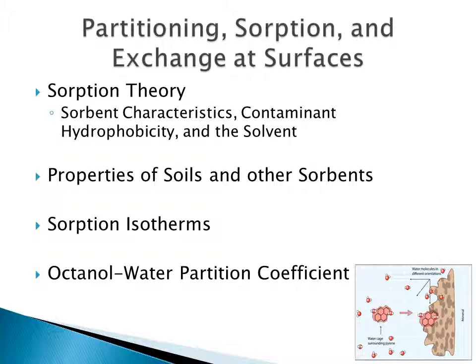Sorption is an equilibrium phenomenon in which hydrophobic compounds like organic hydrocarbons partition onto surfaces in a two-phase system containing a liquid, usually water, and a solid phase, such as soil or activated carbon. The physical process that occurs when a contaminant partitions onto a solid usually involves weak, reversible bonds between the contaminant and the solid.